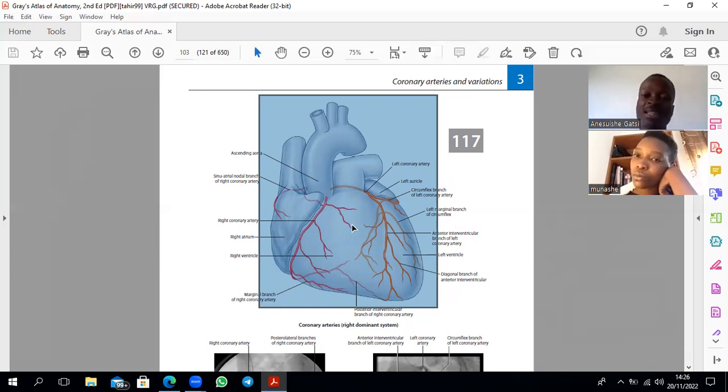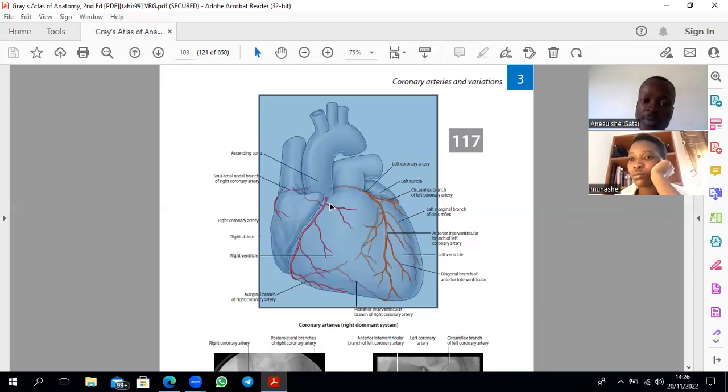Then other things that may be important to remember, there's something called right dominance. You've done neuro? No. Okay. When you do neuro, there's also the dominance with which hemisphere controls the body mostly. For the heart, for blood vessels, there is right dominance.